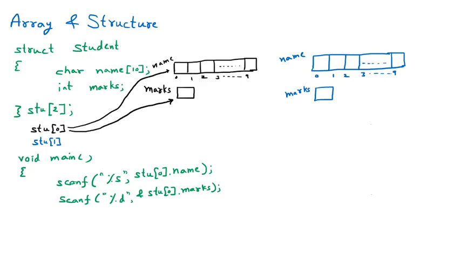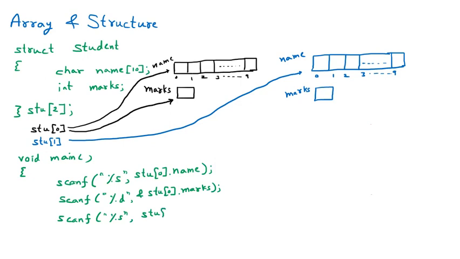Similarly, if I have to take the other student, which is student 1, so I will write scanf %s for the student name. Now stu1 dot name, because that is another student whose name is there. So we will write stu1 dot name.